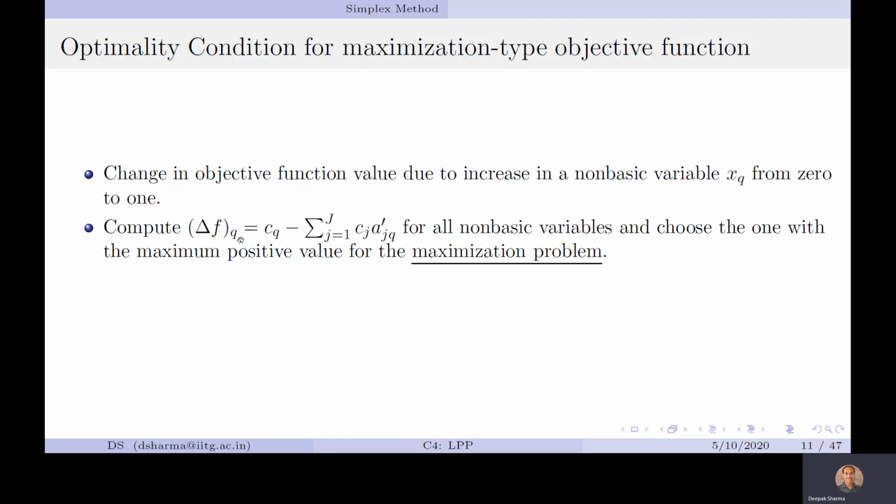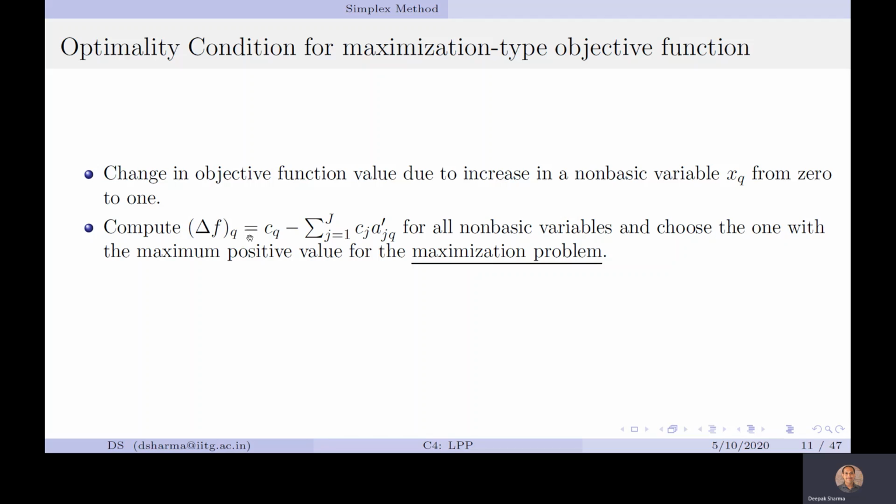Now Q stands for the current non-basic solution. So we find this particular factor. When I solve a problem, it will be clear what that is. So CQ is the cost coefficient corresponding to the non-basic variable, minus we are subtracting some set of costs multiplied by the coefficients.